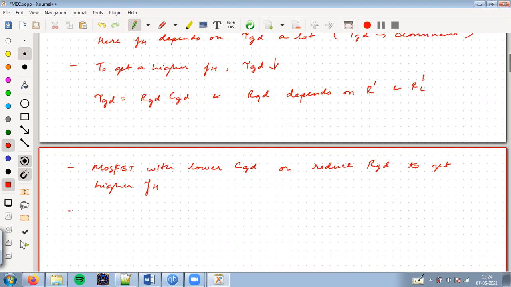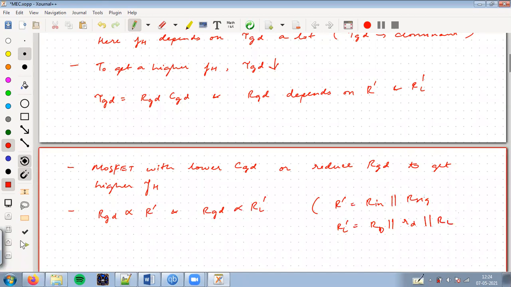But here RGD depends on two values. RGD is proportional to R prime and RGD is proportional to RL prime. On a side note, R prime is R in parallel with R signal, and RL prime is the drain resistance RD in parallel with rd, which is your drain source resistance, in parallel with RL, the load resistance.